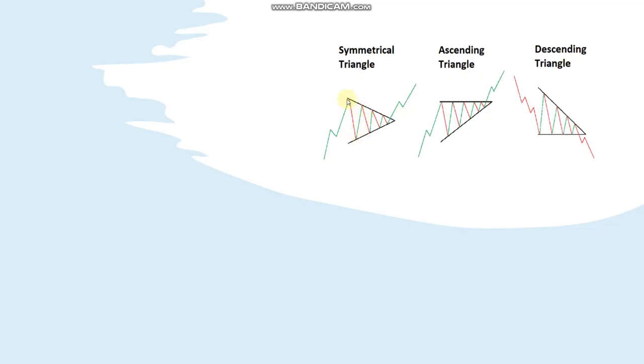Whenever you see a formation like this, then it is a symmetrical triangle pattern. And whenever there is a symmetrical triangle pattern, just do one thing. Just connect the highs and lows like this with the help of lines and wait for a breakout.